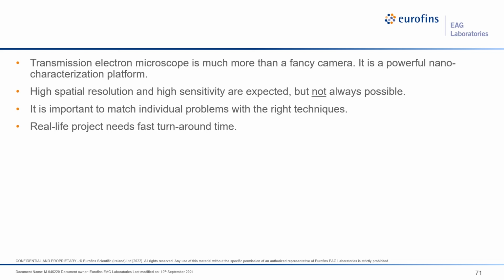It's actually a very powerful nano characterization platform. You can do a lot of things. For example, you can do in situ, you can do tomography, a lot of stuff. Again, if you have specific needs, just talk with us. And I want to emphasize again, the high resolution analysis and high sensitivity that is always expected, but not always possible.